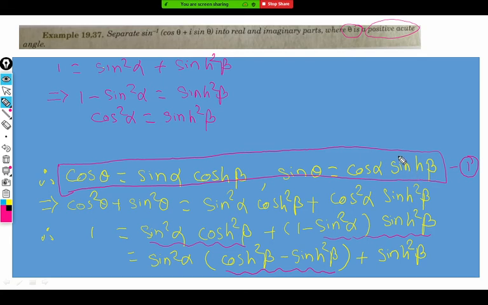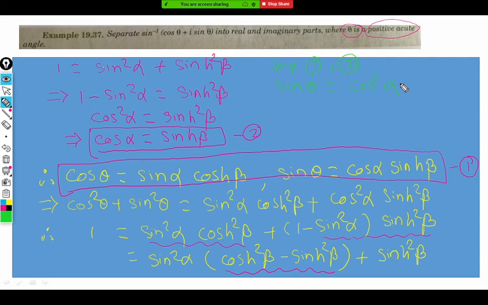So sine h beta is cos alpha. This is equation number 2. I'll say by 1 and 2, sine theta is sine theta as it is. This is cos alpha. Sine h beta is also cos alpha. So I will say cos square alpha.